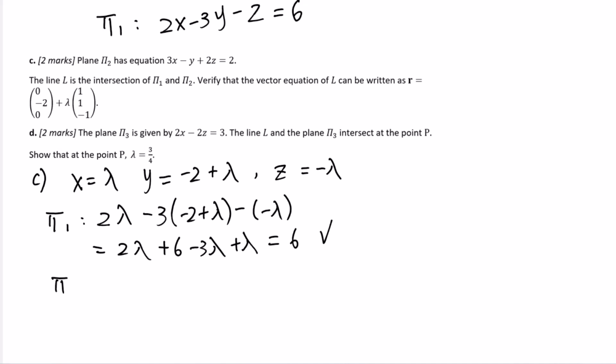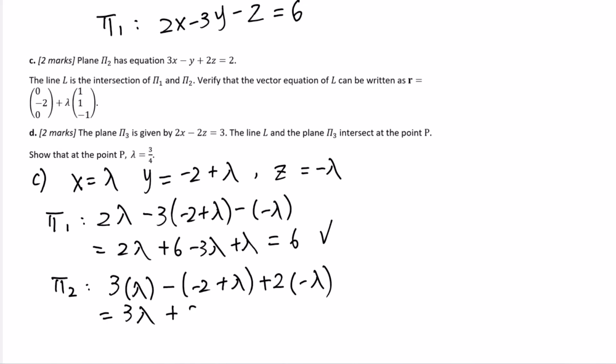For π2: 3 times lambda minus (-2 plus lambda) plus 2 times negative lambda equals 3 lambda plus 2 minus lambda minus 2 lambda equals 2, which means this line is on π2.